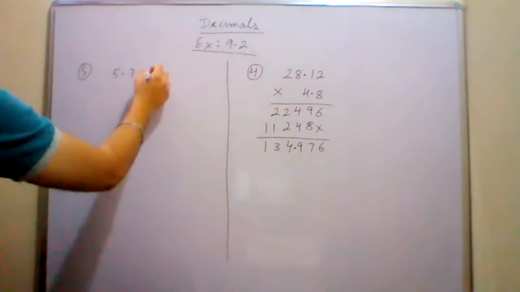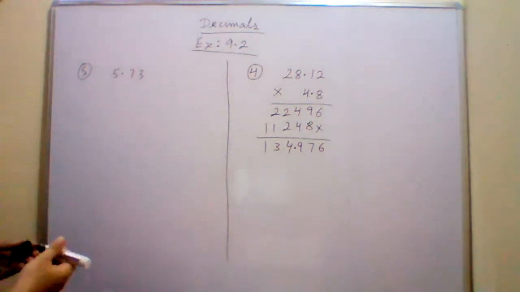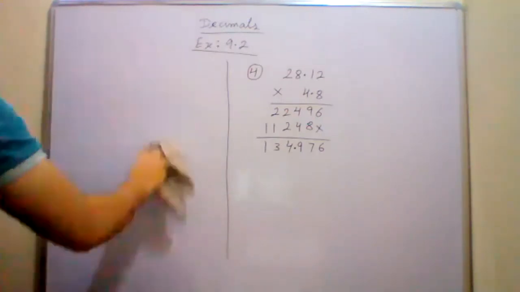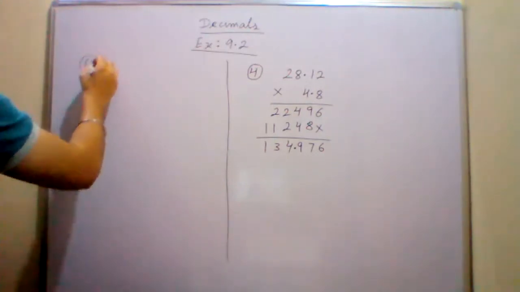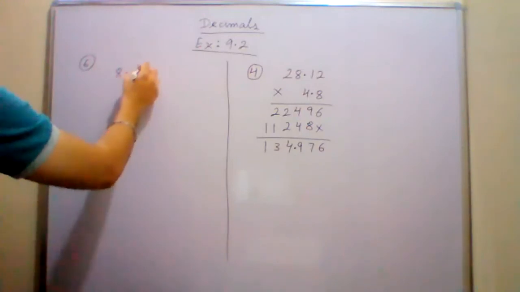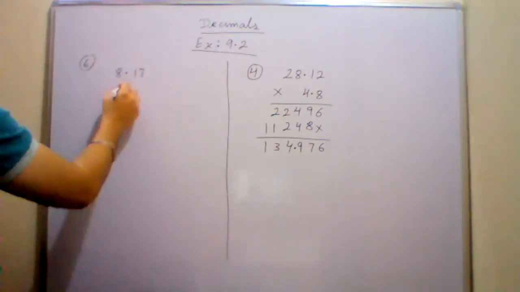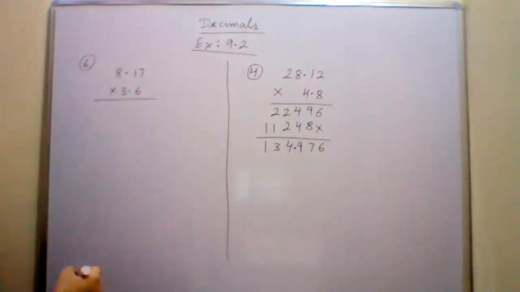Sorry, he is saying sixth one, not fifth. Okay. Sixth one. 8.17 multiplied by 3.6. Okay, this one.